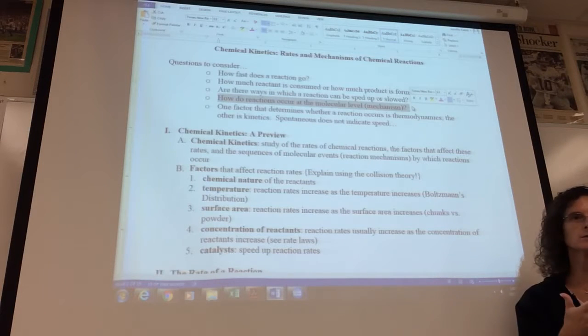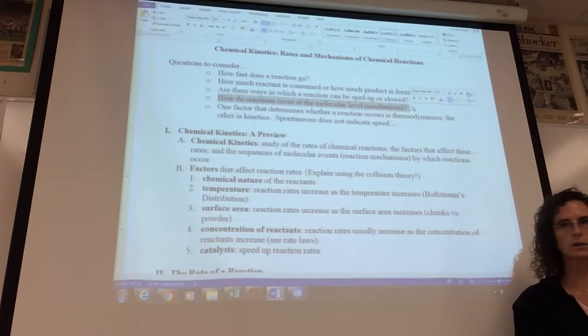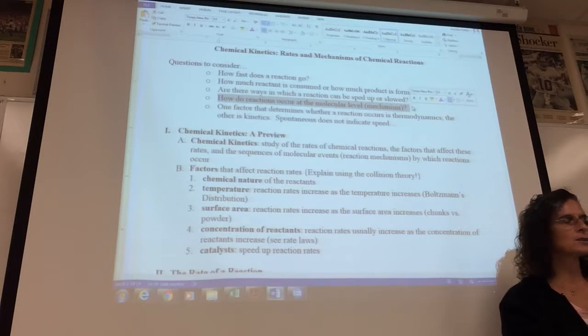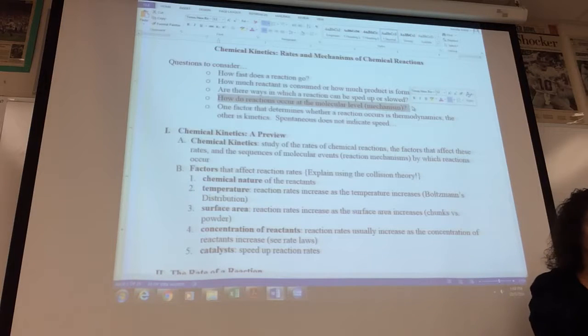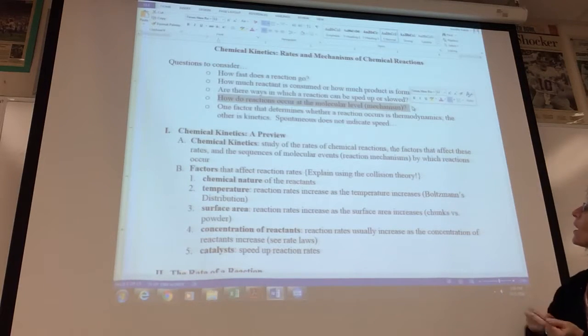So you'll get a series of smaller steps that allow the reaction to occur, and we'll be looking at the reaction mechanism. You can see that with the hurricane now as well. Rather than just going in a straight line from point A to B, it's going here and here and here until it hits Thursday night.